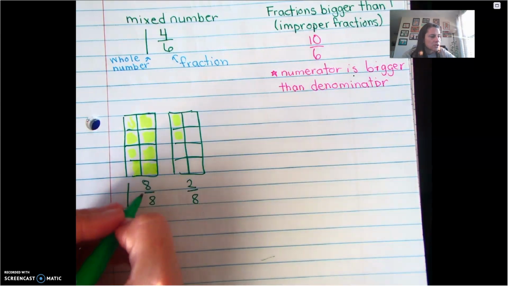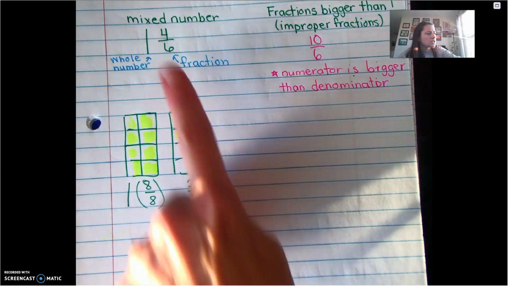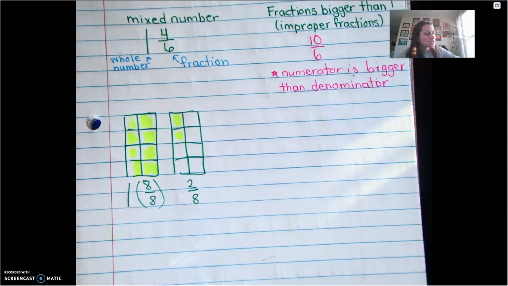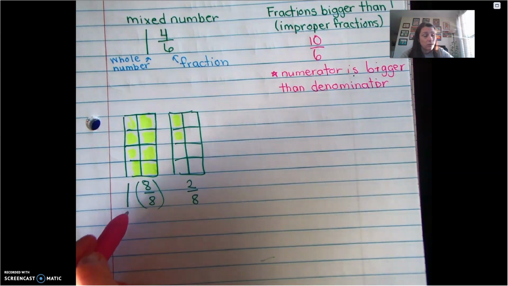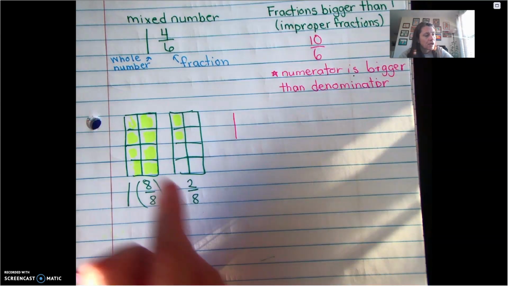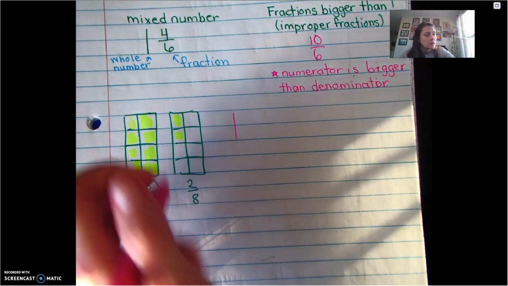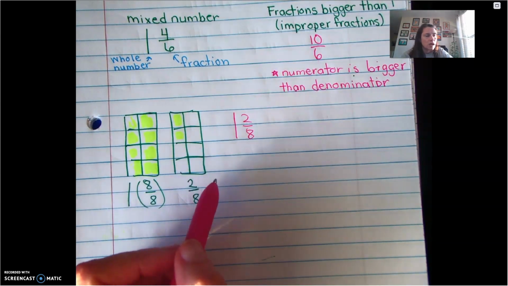So we see that there's two ways to write this. All right, so let's do mixed number first. So mixed number is we do the whole. How many wholes do we have? We just have 1. So the mixed number is 1, and then we write the fraction, 2/8. So we've got 1 whole and 2/8. So this is 1 and 2/8.